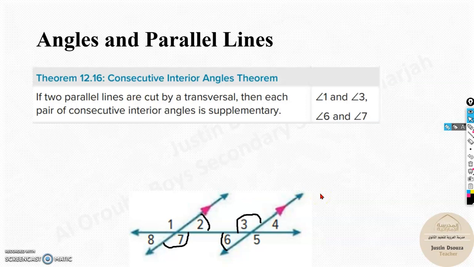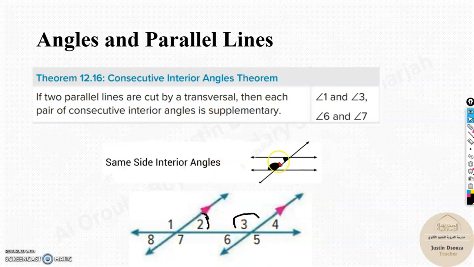Now about consecutive interior angles, that is continuous. So if we consider 2, then 3 over here would be continuous. So something like this. Now let me just check this, 1 and 3. Okay, I'm sorry for this. 1 and 3 is not consecutive.